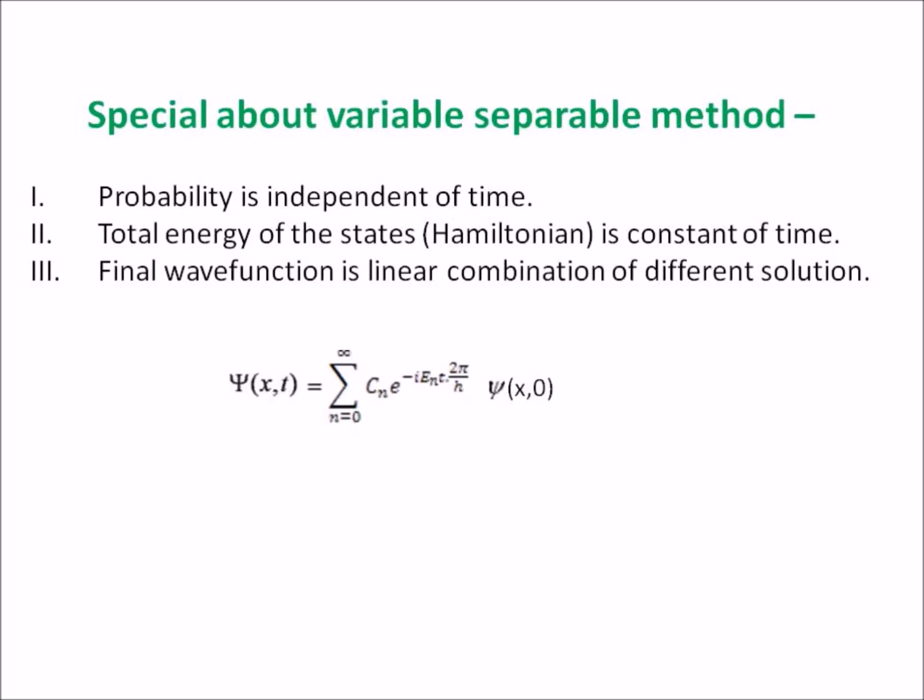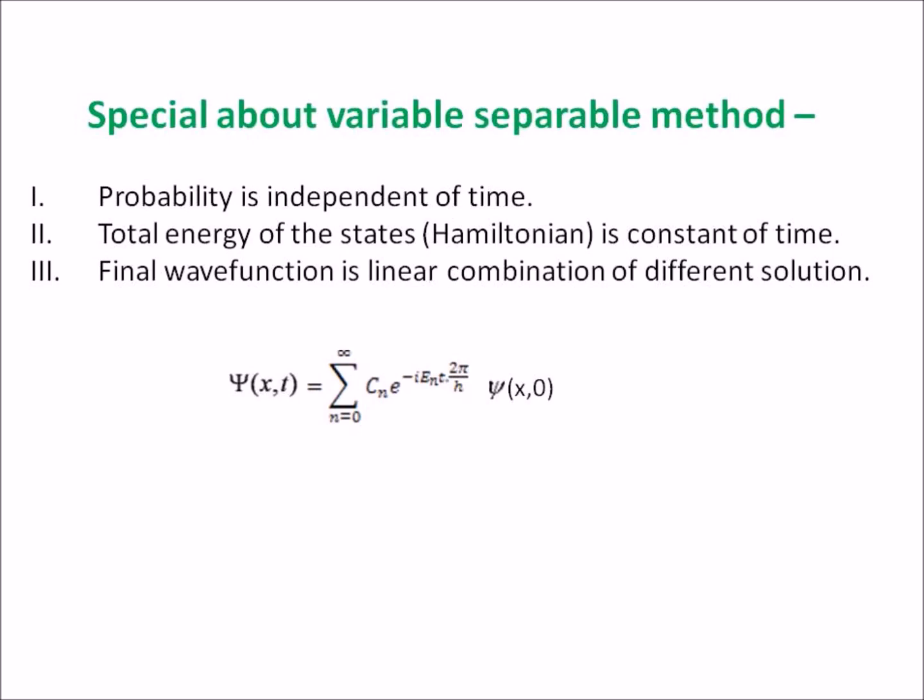So we can write the total wave function is equal to the summation of the space part into the time part. So e raised to whatever, that is the time part, and summation c_n of ψ_n(x) is the position part or space part. So in this way we can calculate the wave function.